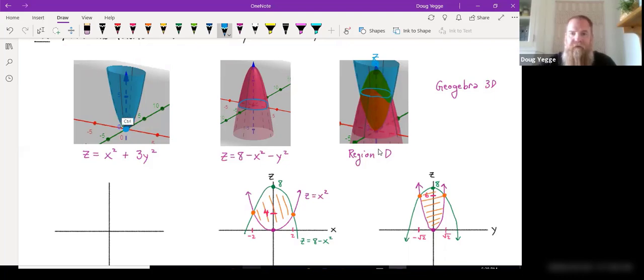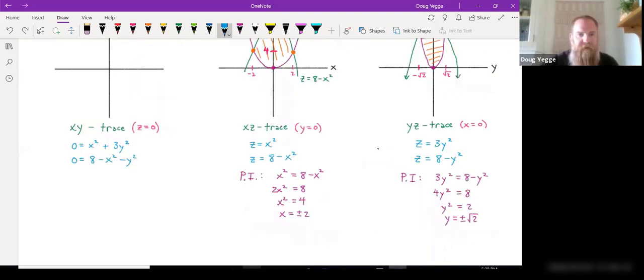So we do set each z equal to 0, but because they're both equal to 0, we can set these both equal to each other. That gives x squared plus 3y squared is equal to 8 minus x squared minus y squared. This tells us what shape they make where they intersect.